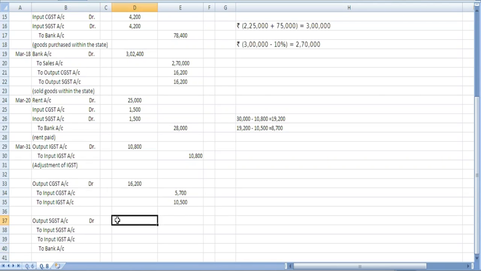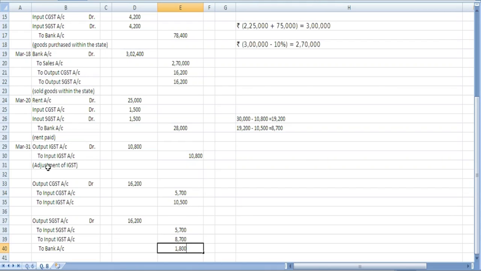So your output SGST was similar as output CGST, 16,200. Input same, 5,700. Remaining IGST is 8,700, and so the remaining will be the final payment, that is your 1800.